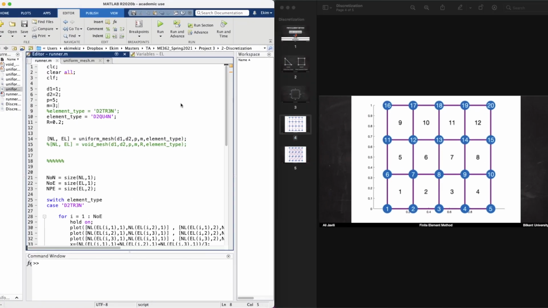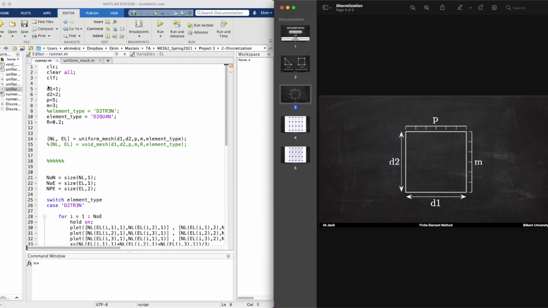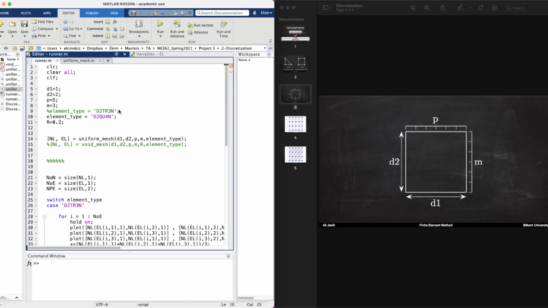So it's not something new. Okay, so let's look at the parameters we have. As I said before, d1 is the width, d2 is the height, p is our increments along our width, and m is our increments along our height. And here we assign our element type, so it can either be d2tr3n or d2qu4n, and we will start with the four-noded one.